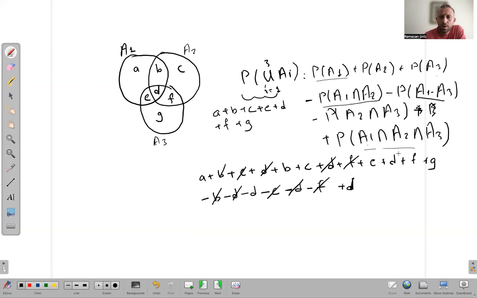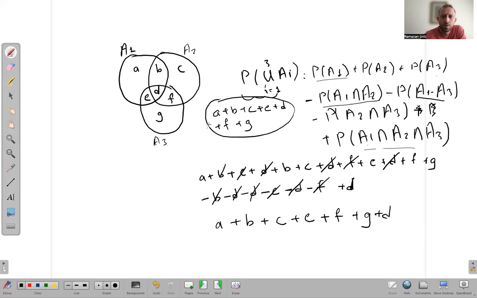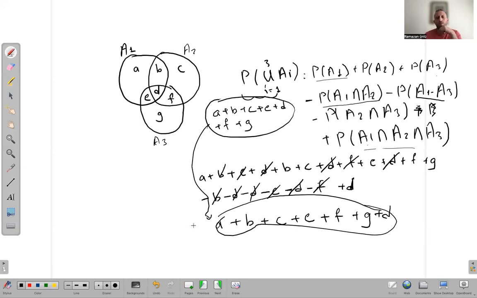So what is left is A plus B plus C plus E plus F plus G and plus D. If you compare this one with this one, you will get exactly the same summation. So that's why we are using the inclusion and exclusion operation for this kind of events.